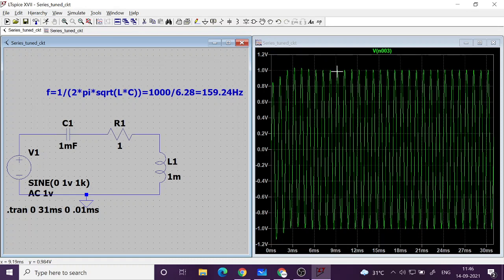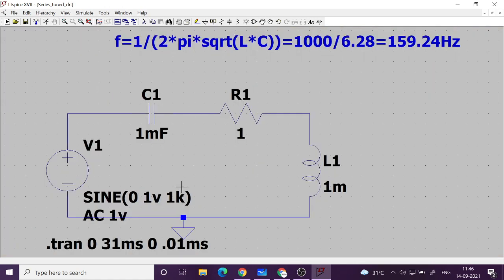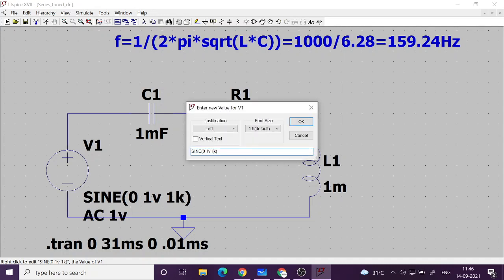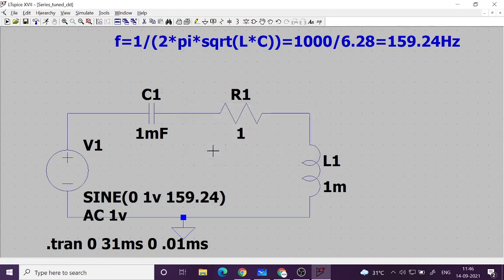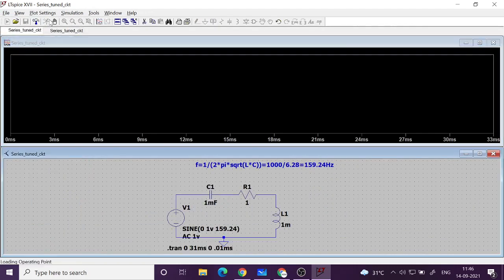But why is it not 5 cycles? Did I miss out the calculation? Okay, I am not giving 159. To see that energy storage, I have to change this to 159.24. Now I am going to see what I told you: 5 cycles, and the amplitude will be much greater than 1 volt.